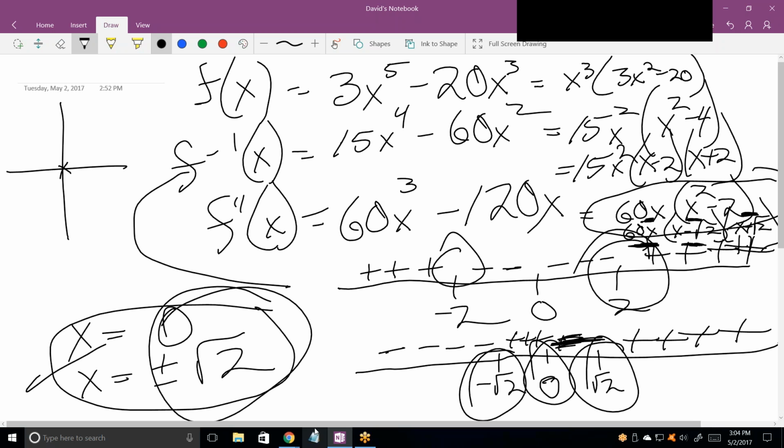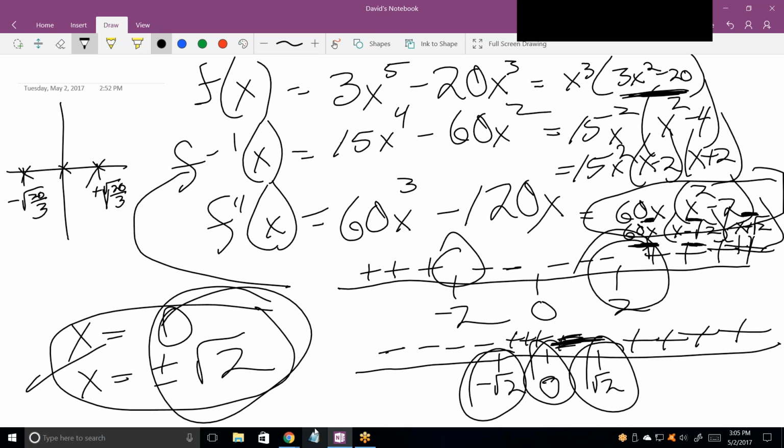So I've got 3 zeros at x equals 0, and I have 2 zeros at plus or minus square root of 20 over 3. In other words, solving that for 0 gives me plus square root of 20 over 3 and minus square root of 20 over 3. So those are my 3 zeros, and I know I have to go through the function there.